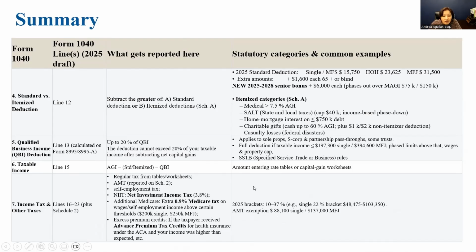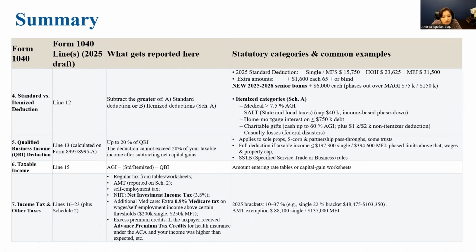After we have calculated the amount of our income, we're going to apply the tax rates, but we're going to have additional taxes that we may need to pay, like the self-employment tax. First, we pay taxes on the income that we have earned, and also an additional tax because we were self-employed.